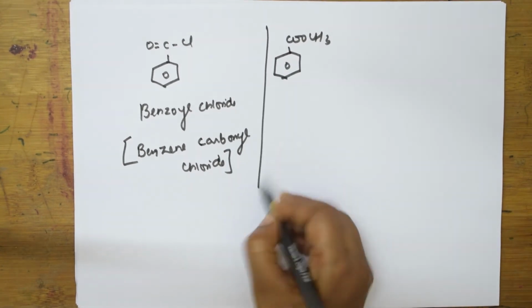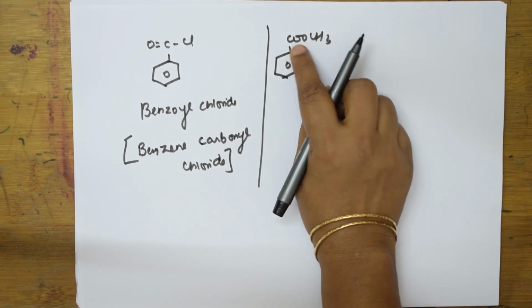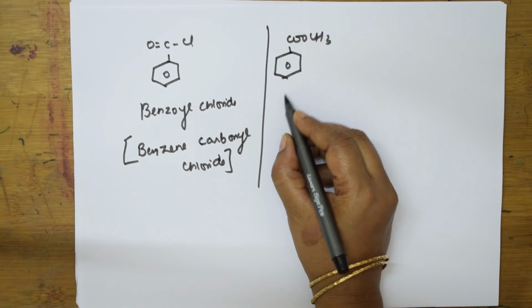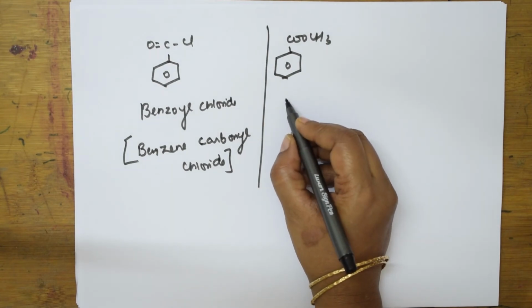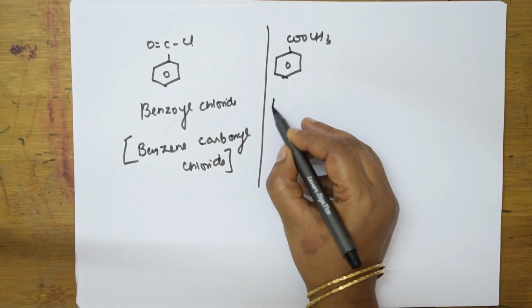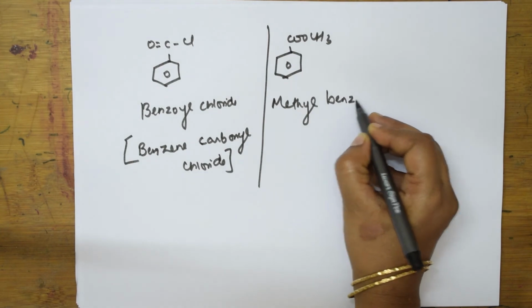Let us name this now. Which group is this? Methyl. Which is this group? Benzoate. So we will write it in alphabetical order. No, here the functional group should come last. So this is methyl benzoate.